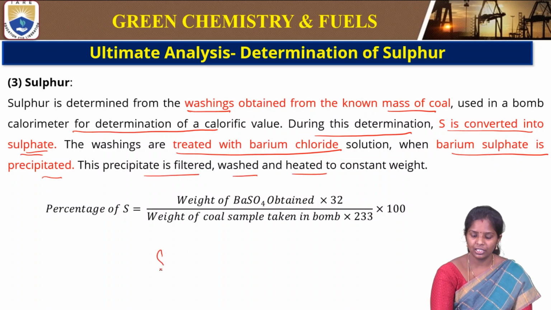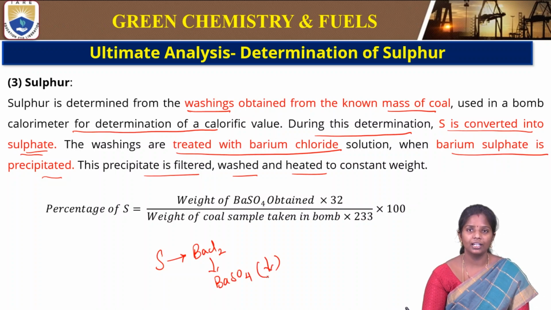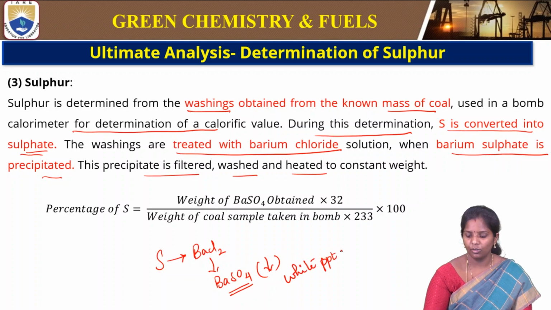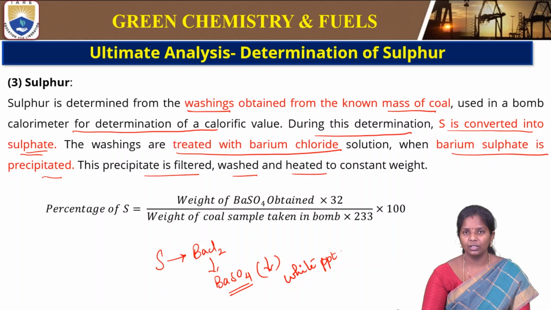If sulfur is present, when it is treated with barium chloride, it forms barium sulfate precipitate. The down arrow indicates precipitation. If sulfur is present, we get this white precipitate; otherwise, no precipitation. That is how we use this precipitate in the percentage calculation of sulfur.